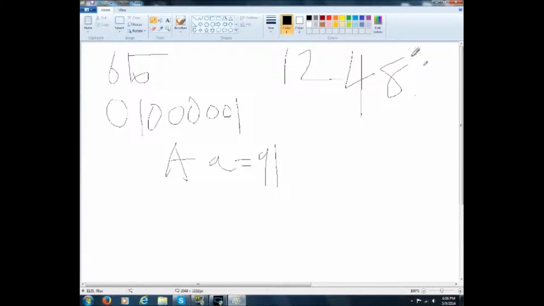All 64 bits added together would be, I think, somewhere in the millions to billions or trillions.